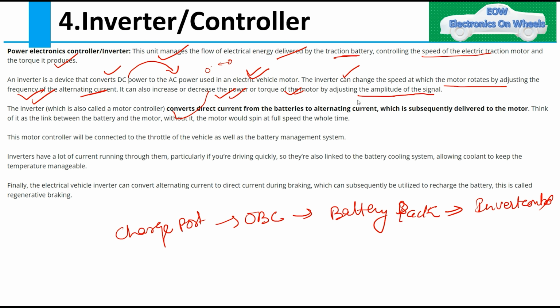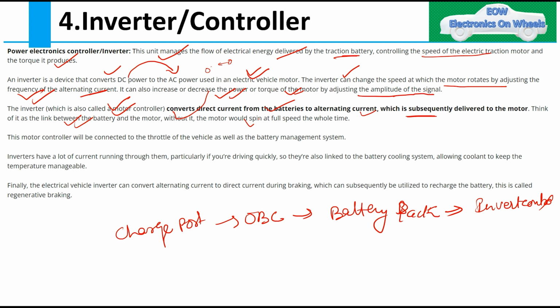Then it is rotating your motor by changing the frequency of the alternating current. It can decrease or increase the power also by changing the signal amplitude. The inverter, which is also called a motor controller, converts the direct current from the battery to alternating current, which is subsequently delivered to the motor. Think of it as a link between battery and motor.